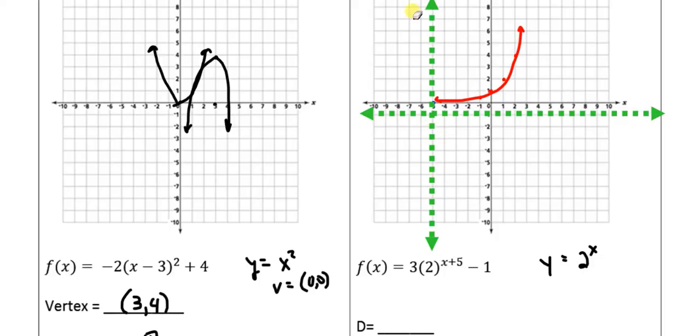That's because of that stretch factor of 3. So negative 5, positive 2. Negative 5, positive 2 right here.